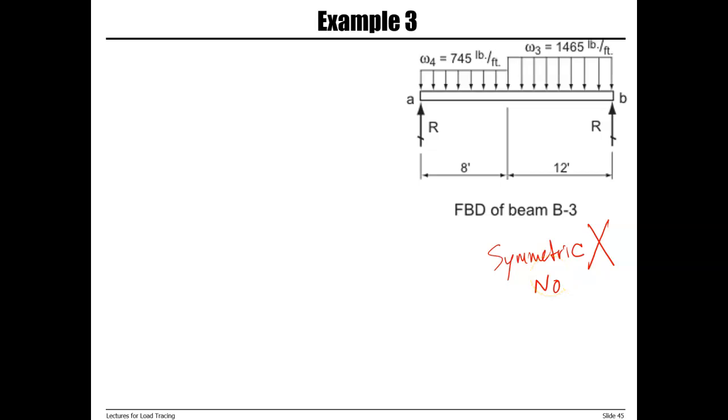So because it's not symmetric, we can't say that the reactions are equal to each other and equal to load times length divided by 2. Instead, we need to use equations of equilibrium.